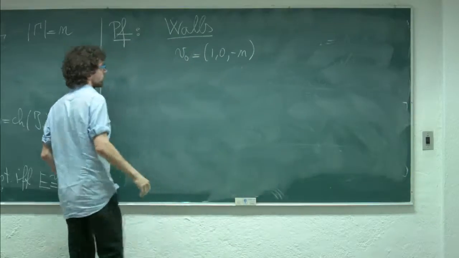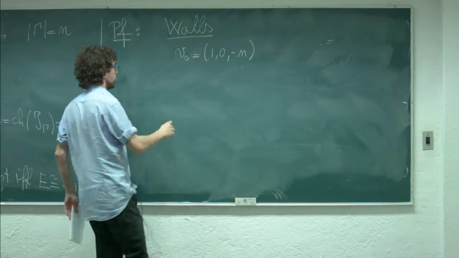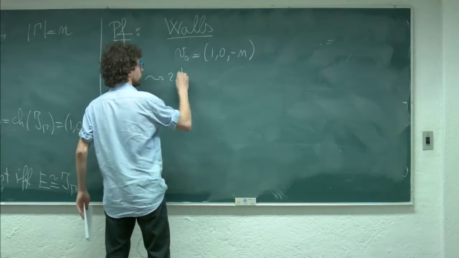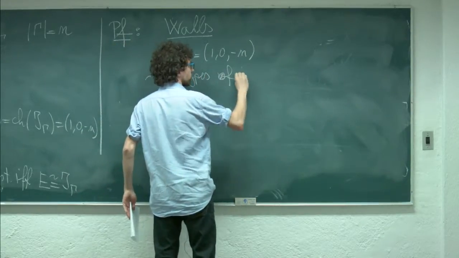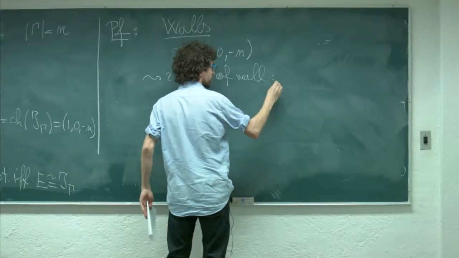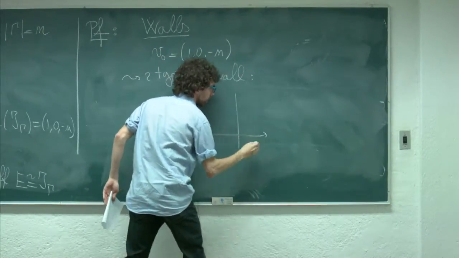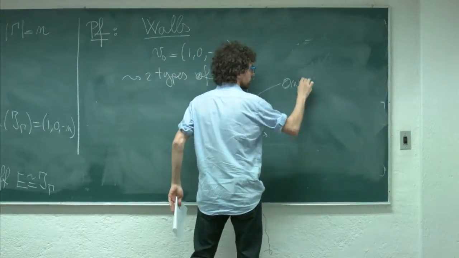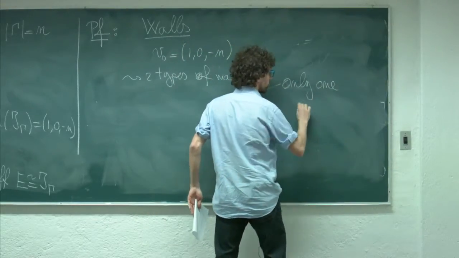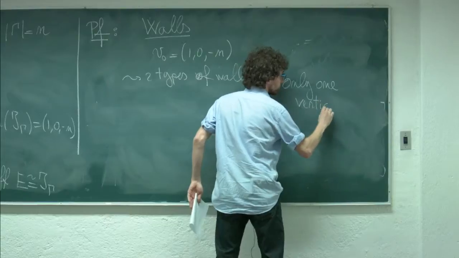And then what are the walls? The walls are actually very simple. They can only be of two types in this coordinate system. If you change the coordinate system, they're all the same. But anyway, the walls can only be a vertical line, and only one, and I will tell you what it is and what it corresponds to.